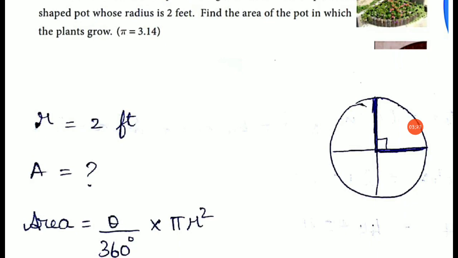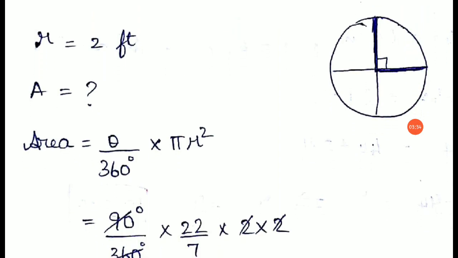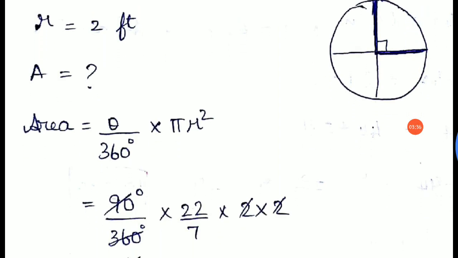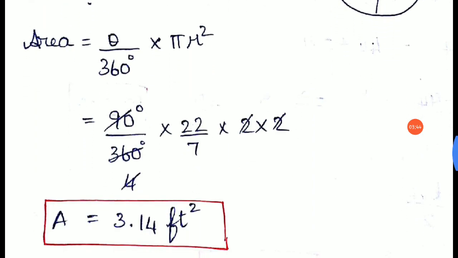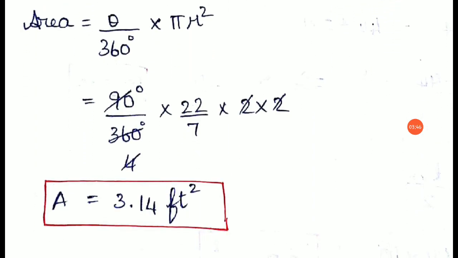So, we have written the area formula and then substitute the values 90 degrees by 360 into 22 by 7 into 2 into 2. So what the area you have derived, the answer. Is it clear, children?